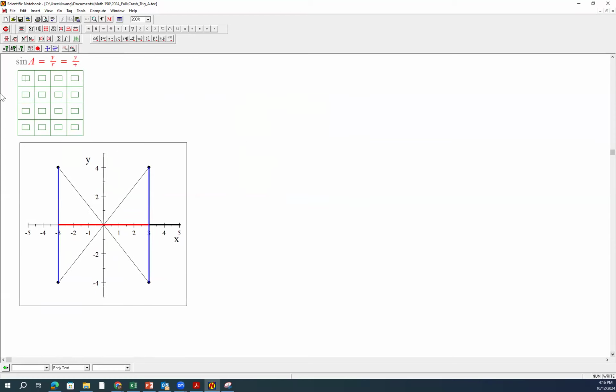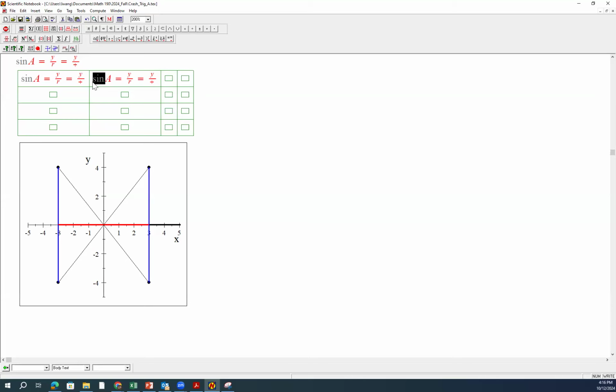From the definition: sine, cosine, and tangent, which is y over x.